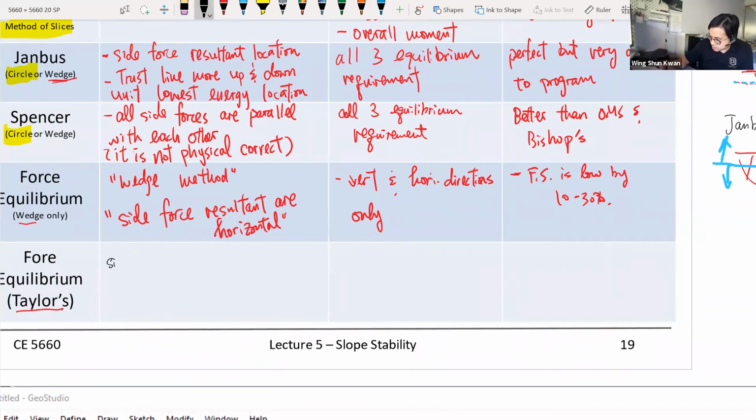So they try to assume the side force resultant is the average of the tops and base.